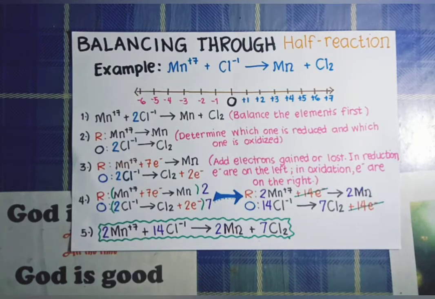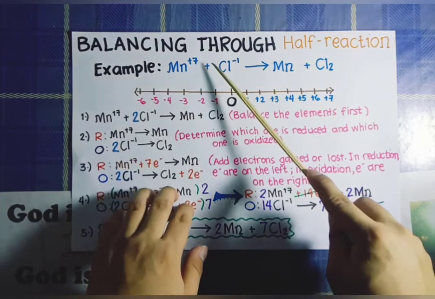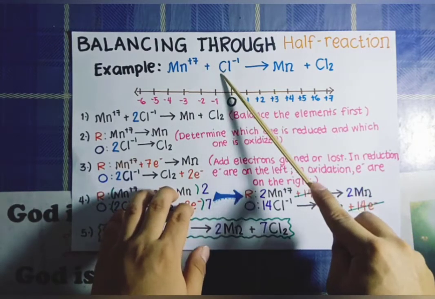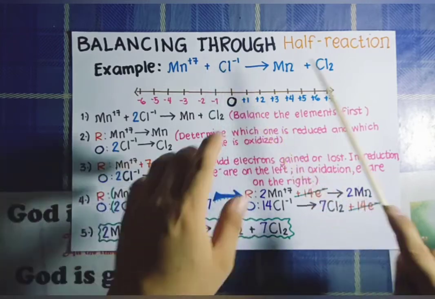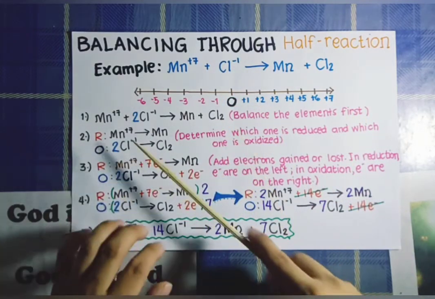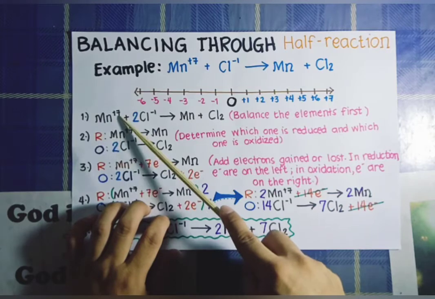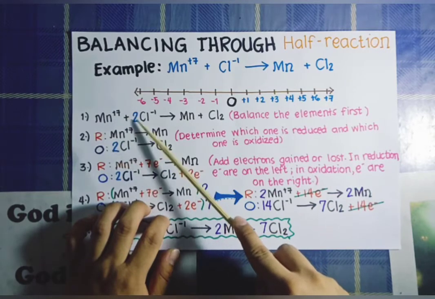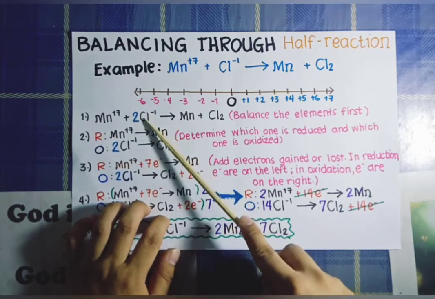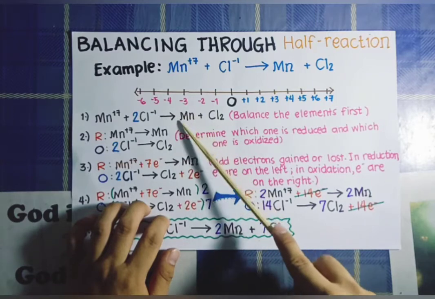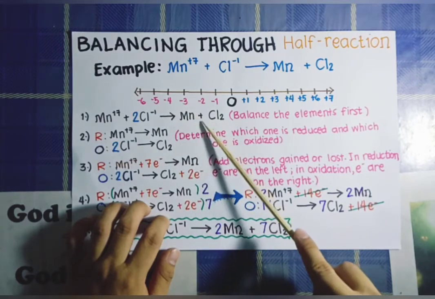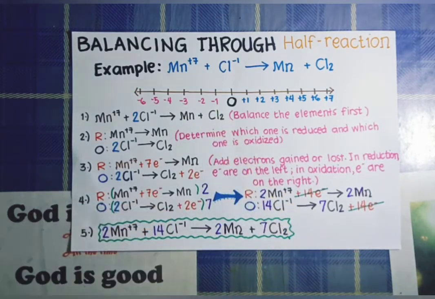Now, to balance this, all we have to do is to add 2 stoichiometric coefficient here to balance our chlorine atoms, and we will have here manganese with a charge of positive 7 plus 2 chloride ion with a charge of negative 1 will yield to manganese with no charge at all plus chlorine gas with no charge at all.